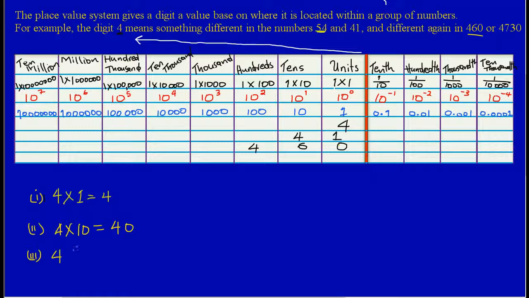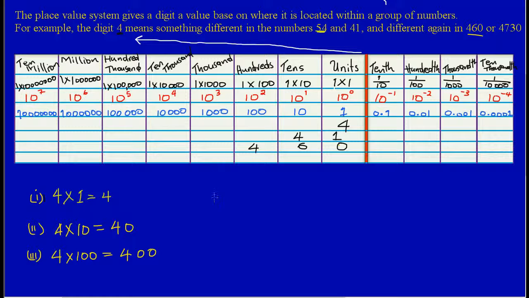The 4 falls in the hundreds column, so I have to multiply it by 100. When 4 is multiplied by 100, we get 400. So here the value of 4 has changed to 400. That's what we mean by the place value system. Based on where the digit is located, it may have a different value.